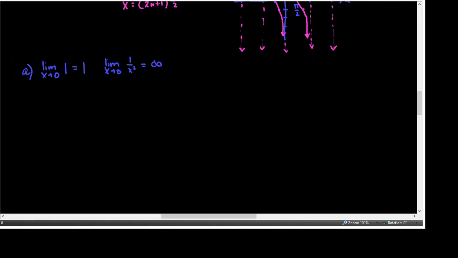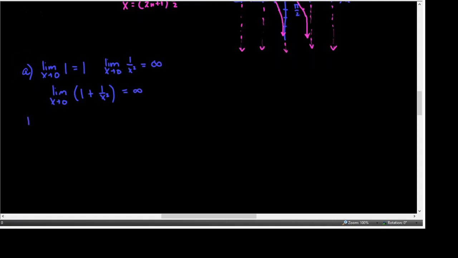So the limit as x approaches 0 of the sum 1 plus 1 over x squared will be 1 plus infinity, which is still infinity.